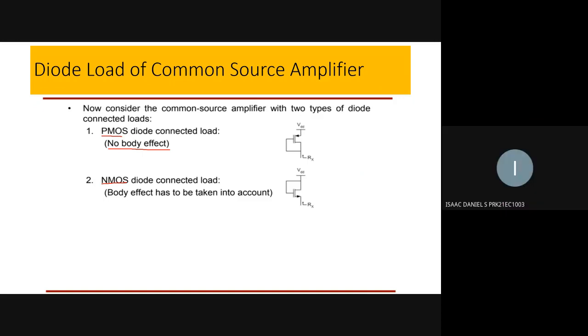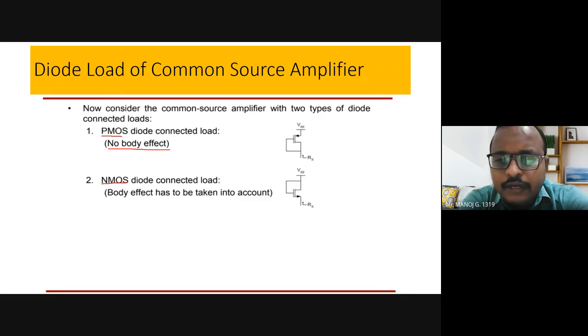At the top, so there is no body effect coming into play, right? Yes, sir. There's no substrate connected, so there is not much body effect generally. That's why the sentence is given there, no body effect. And when it comes to NMOS, you generally take it into account, right?